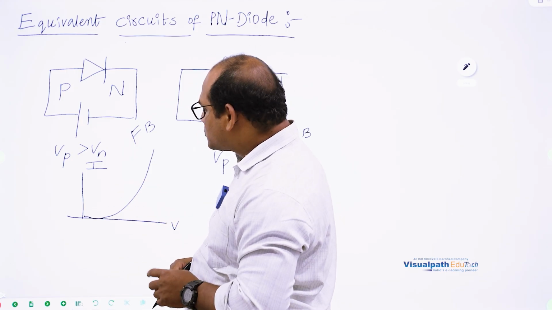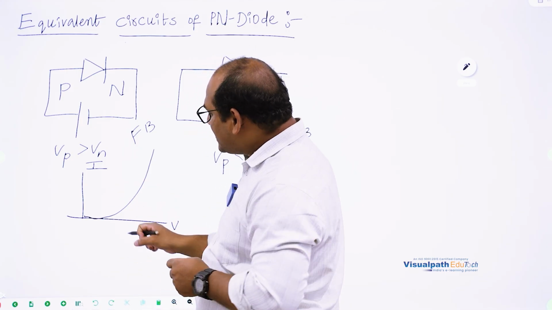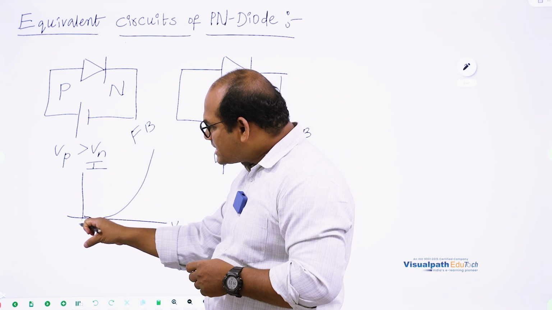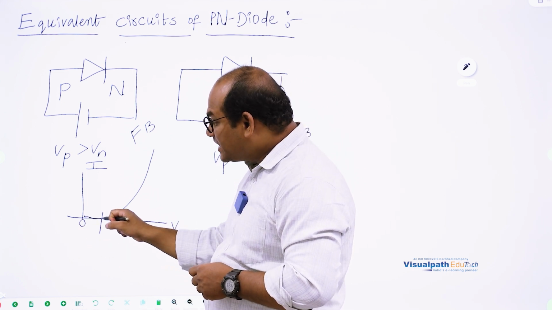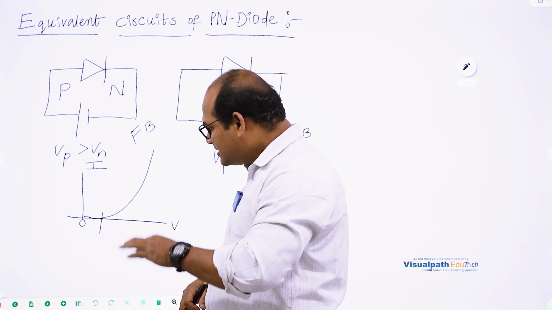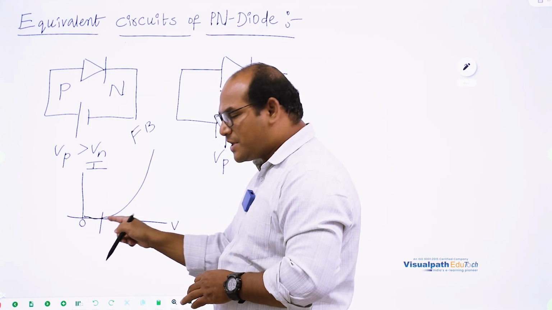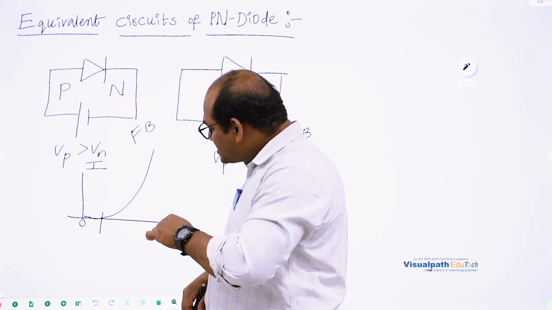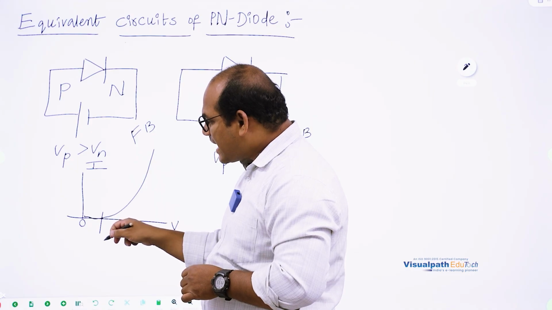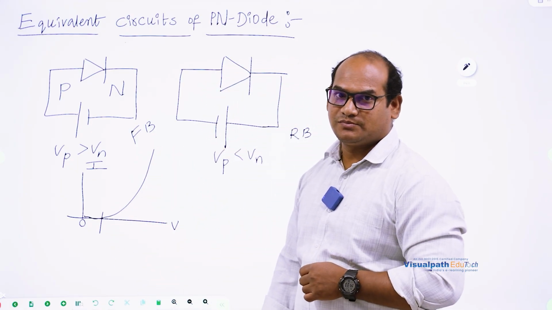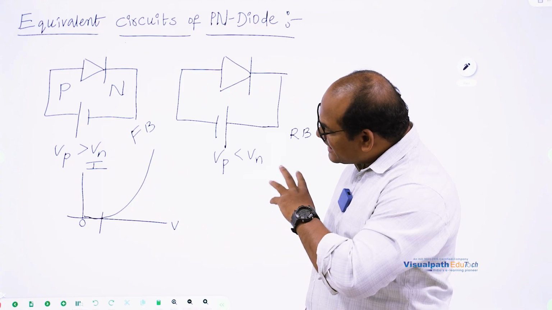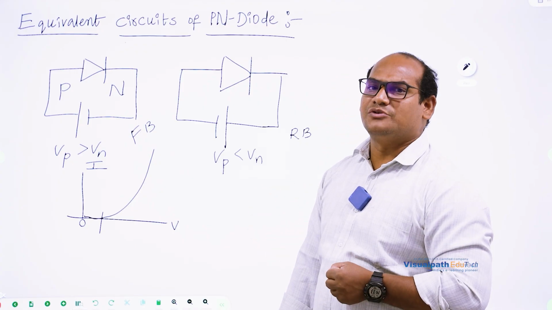In the initial level, even though you are providing the forward bias voltage from 0 to a certain voltage, the current has not increased. Current is 0, even though you are providing certain positive voltages. But once you reach this voltage in the forward bias, only then does the current start to rise in an exponential manner. So this nature we have to include in the equivalent circuit also.